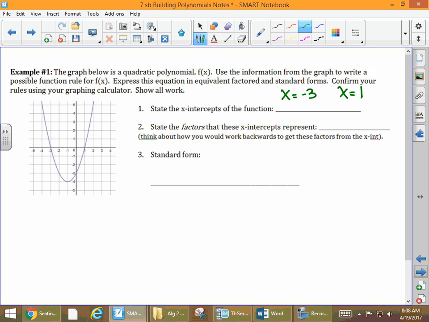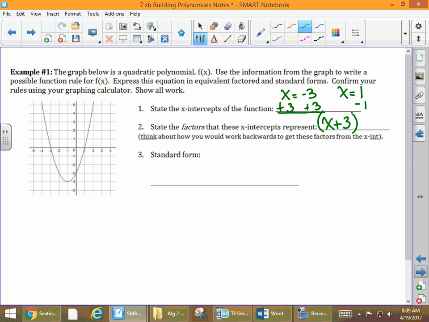But what's going to happen here to state the factors is we're going to add 3 to both sides. And when we add 3 to both sides, we're going to get the factor x plus 3. We can do the same thing to our other root of 1.